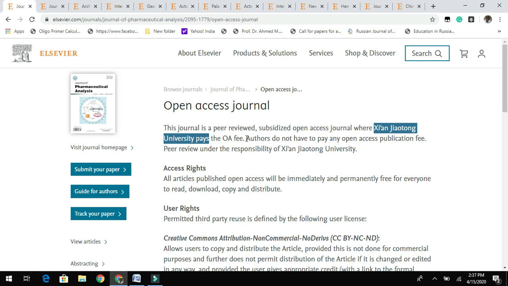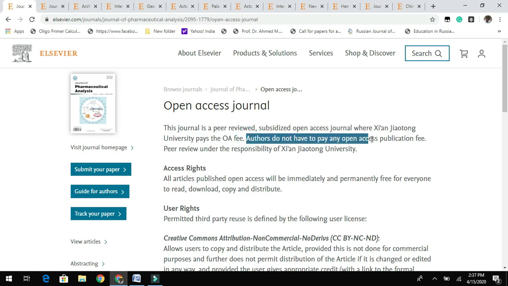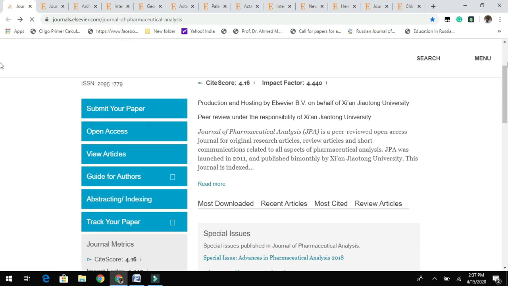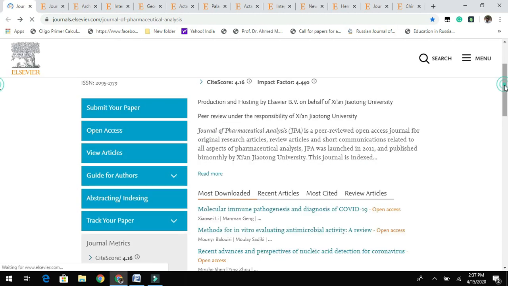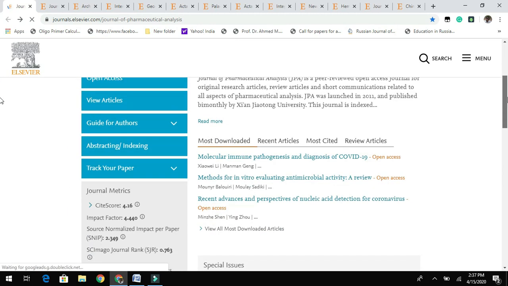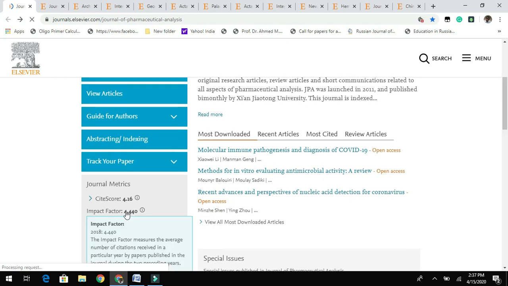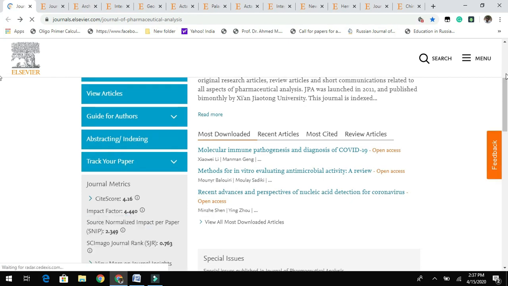So authors do not have to pay any open access publication fee. So let us go on to the main page or the journal page and see what are the aims and scope. It also has a 4.4 impact factor.